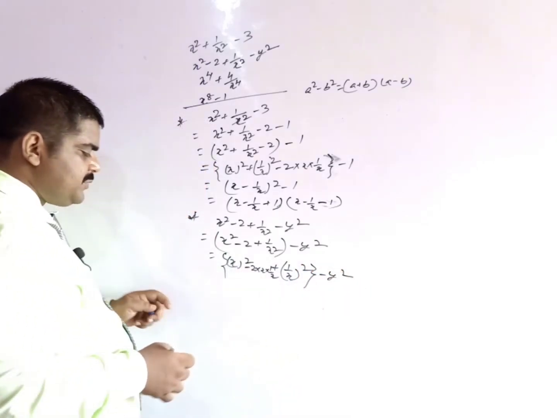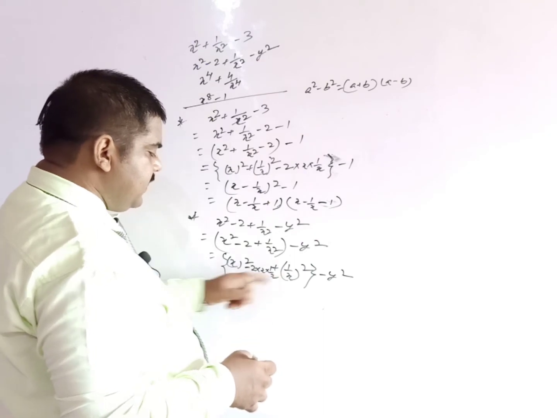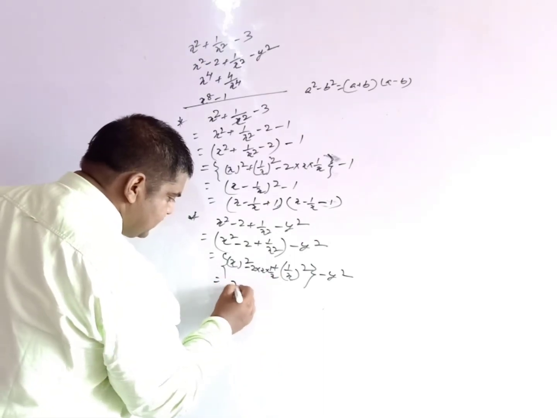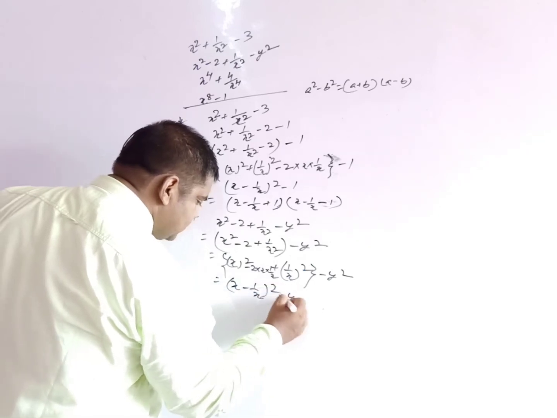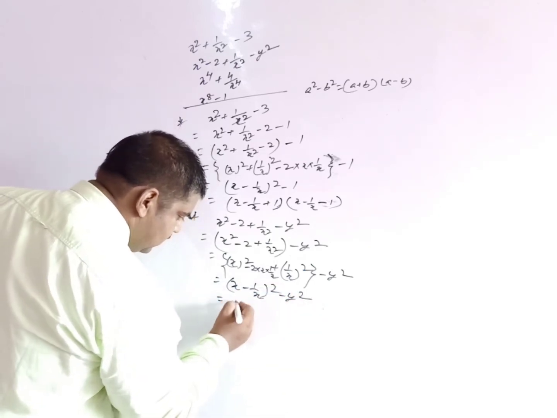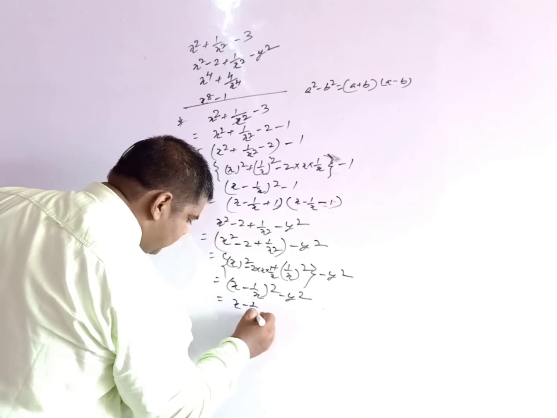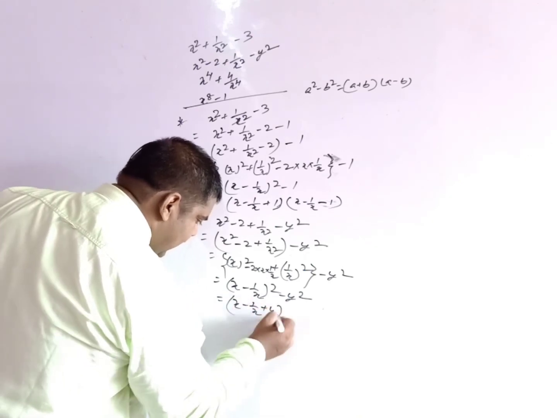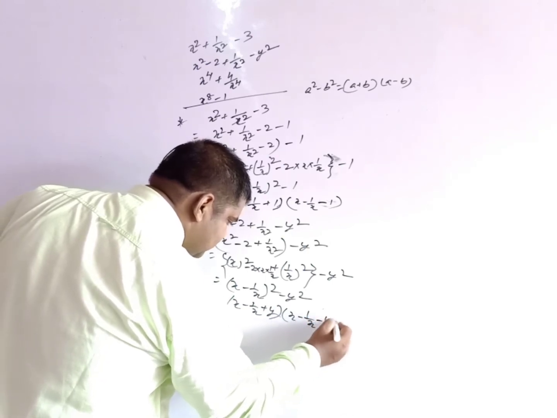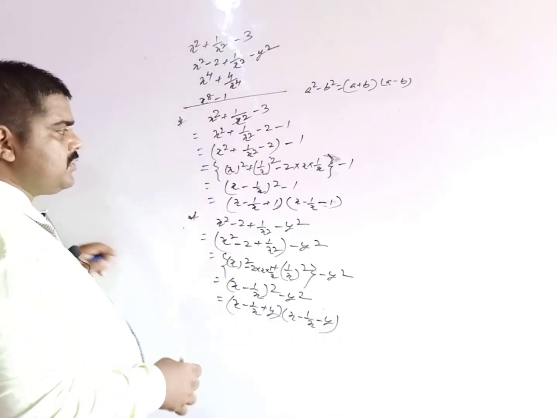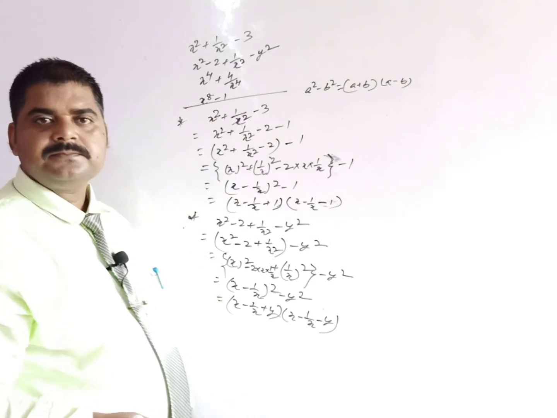And now you can check that a square minus 2ab plus b square can be written as (x minus 1 upon x) whole square minus y square. And now x minus 1 upon x plus y and x minus 1 upon x minus y will be the solution of this question.